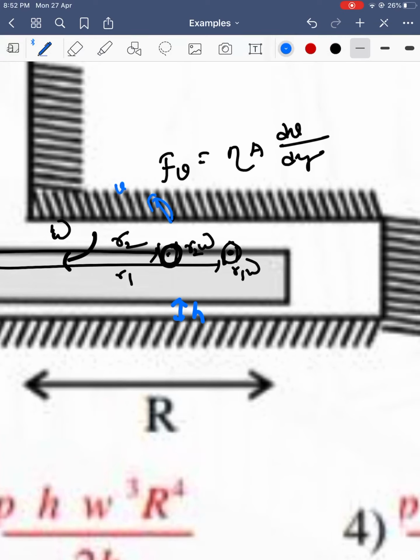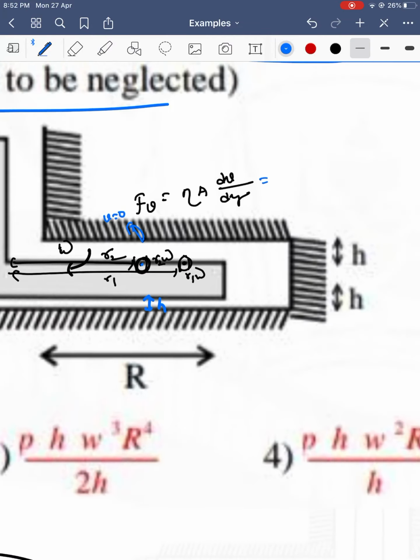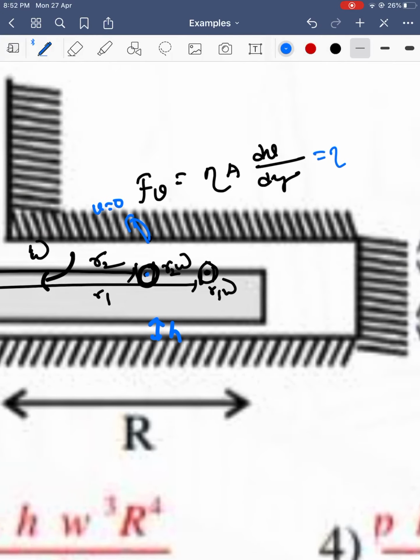Okay, dv by dy. What is the velocity at the fixed point? At this position the velocity is fixed, it is equal to 0, and at this other position, I zoomed in so much, understand? If I come to the normal position, it will be very small. I am magnifying it, so understand this. Viscous force is equal to mu times area.